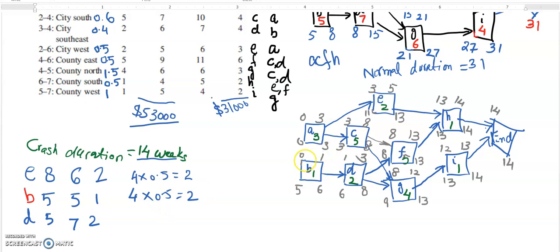So if we have changed the activity back to 5 days over here, it will be 0 plus 5, that will be 5, and then this activity will start at 5. Okay, and now the latest start time will be 6.